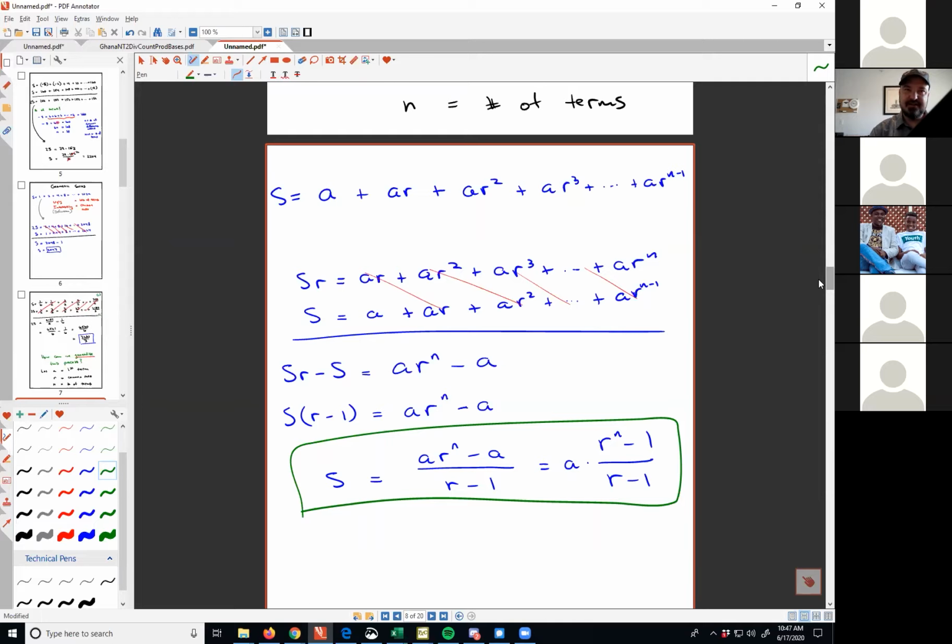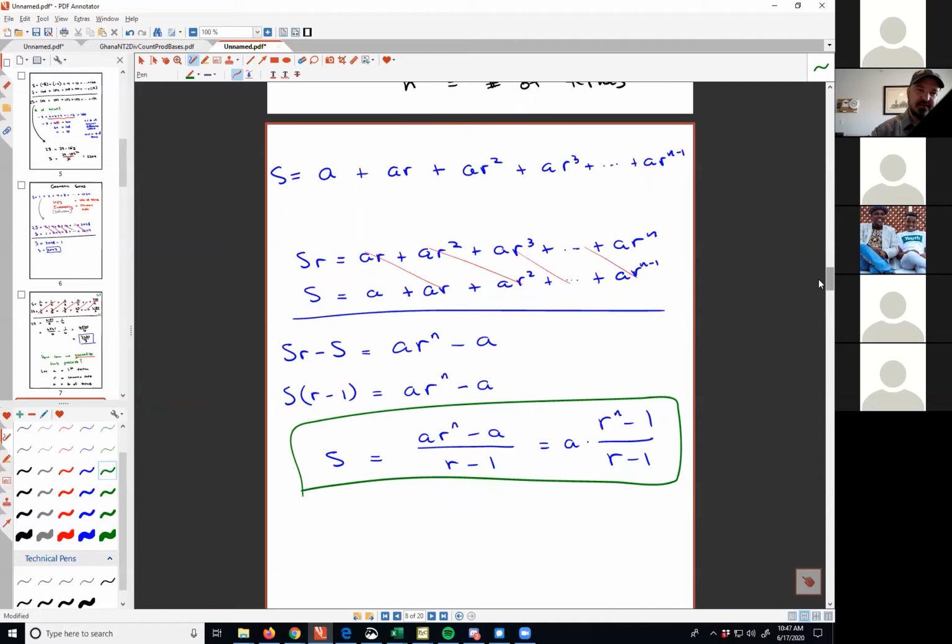I remember when we were doing this in class in school, my teacher told me that there's also the 1 minus r version, which has to do with the value of r being less than or greater than 1. And he said that if it's greater than 1, then you would use the r minus 1, but if it was less, then you'd use 1 minus r.